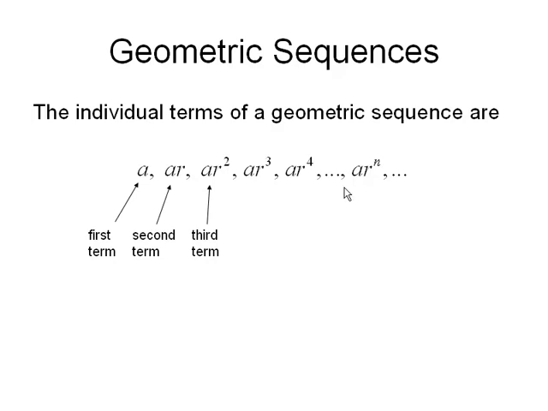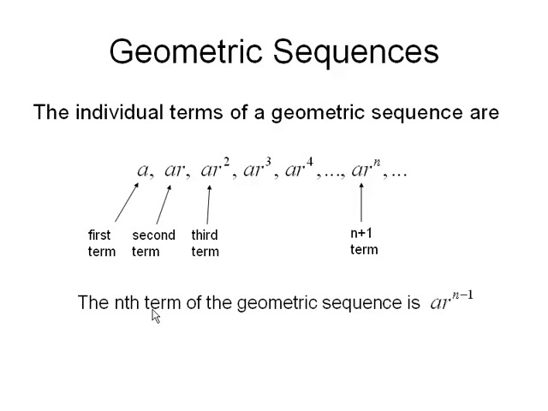So when I get up to AR to the n, that must be in the n plus 1 term. So the nth term of the geometric sequence must be AR to the n minus 1, because the power is 1 less than the term number.